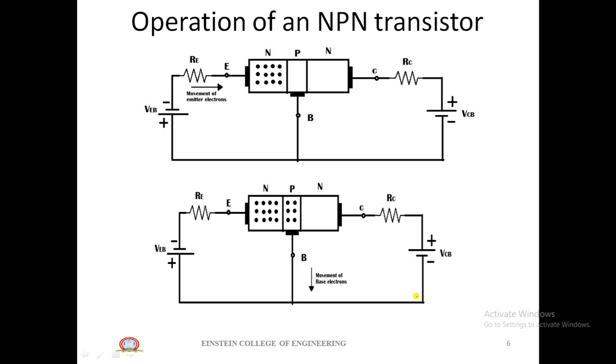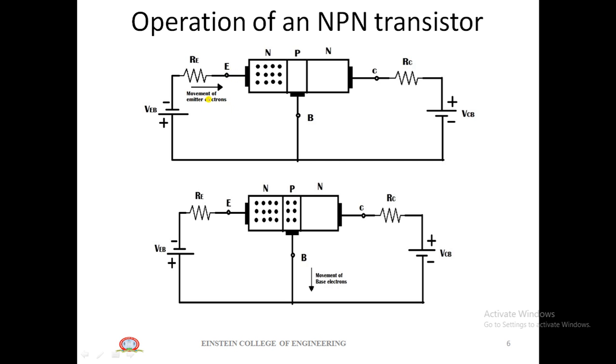Next, we are going to study the working, that is the operation, of NPN transistor. For the operation of NPN transistor, the NPN transistor is biased in forward active mode. That is, emitter base should be forward biased and collector base should be reverse biased. What happens when emitter is forward biased?